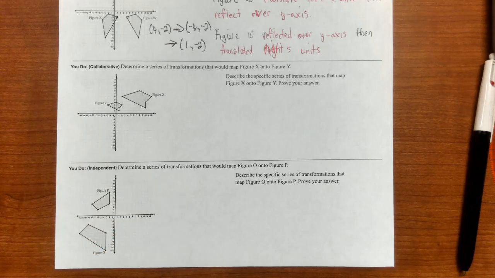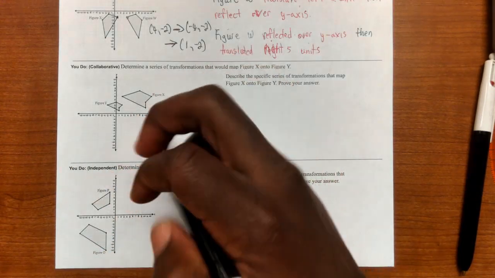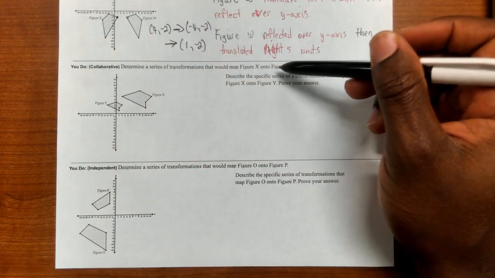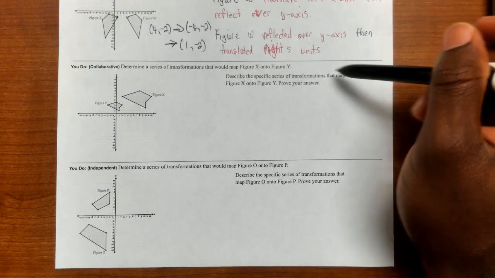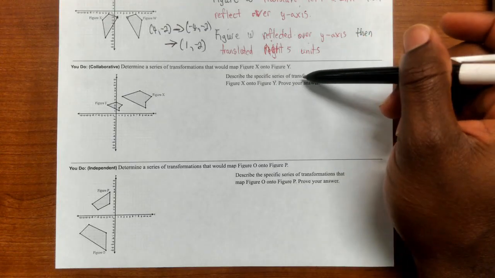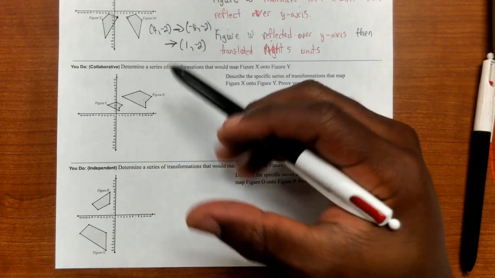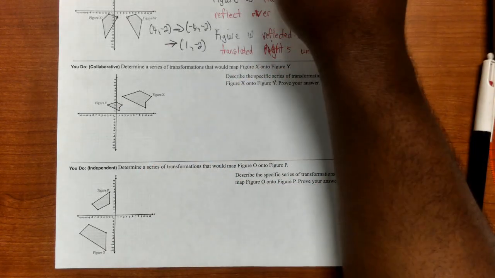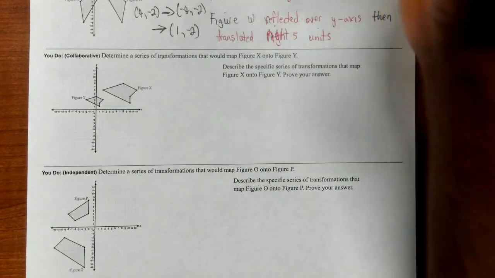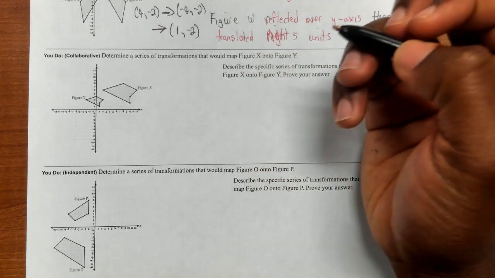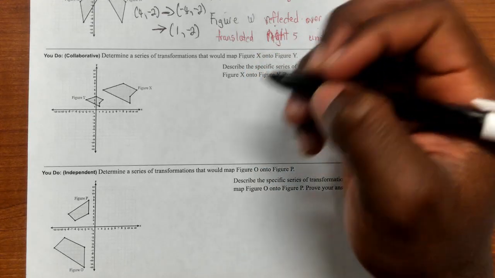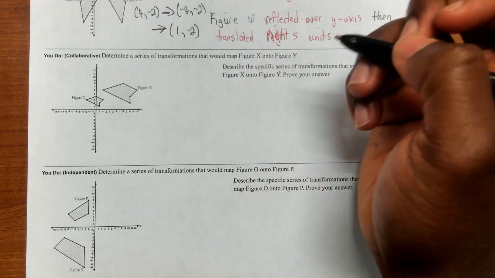The next one, we see some type of enlarging. It says describe the specific series of transformations that map x onto y. Prove your answer. So we're trying to make x become y. So we're making y bigger, so we're doing some type of dilation. What I'll do is dilate first, because when you dilate first you get a more accurate movement.